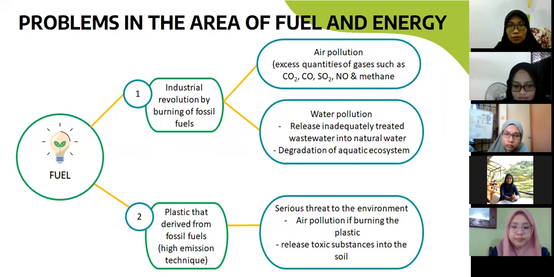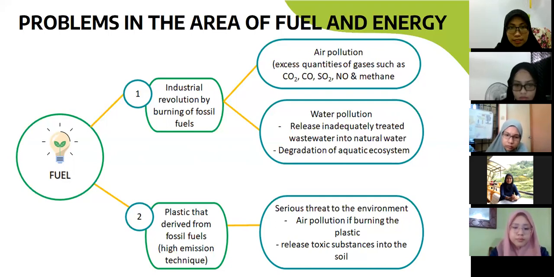Some of the most common water pollutants are domestic waste and industrial effluents that release inadequately treated wastewater like oil into the natural water bodies, which can lead to the degradation of aquatic ecosystems and also give negative effects to the food chain.